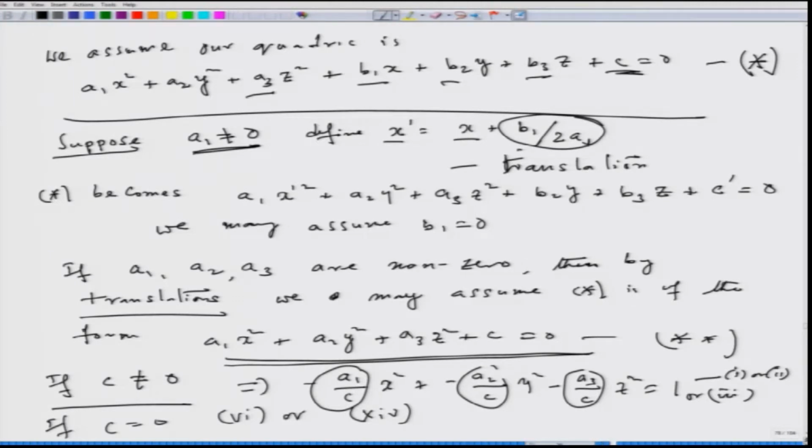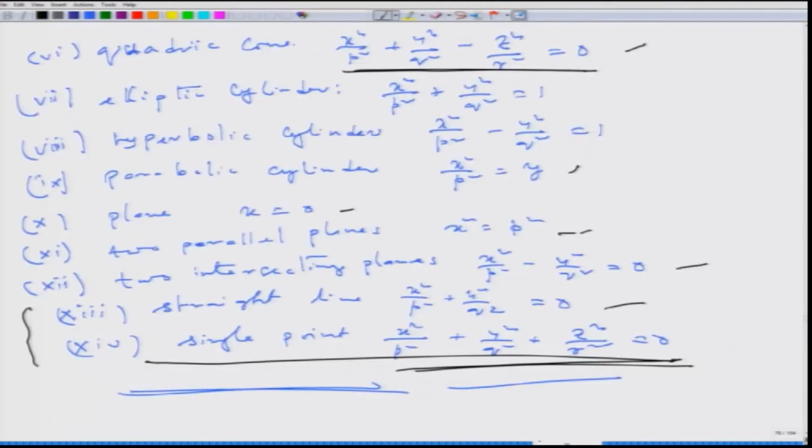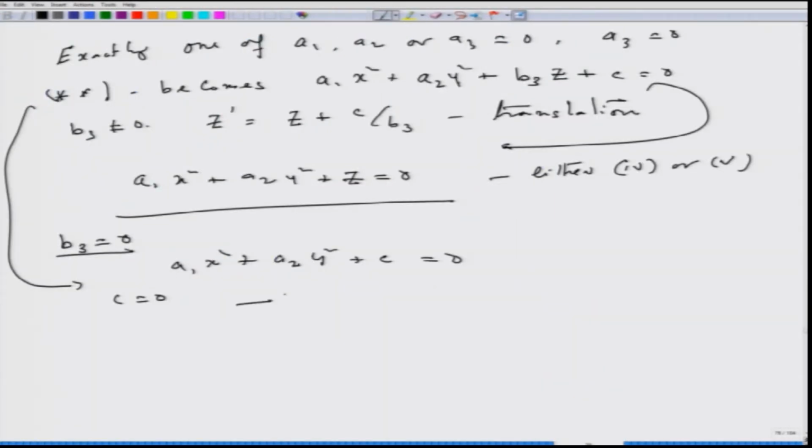C equal to 0 will give us 7 or 8, right. So, you have to turn your pages every time to go back to the equations.